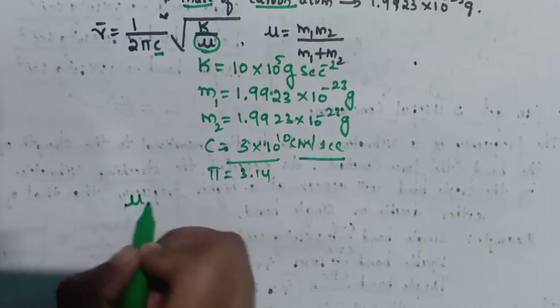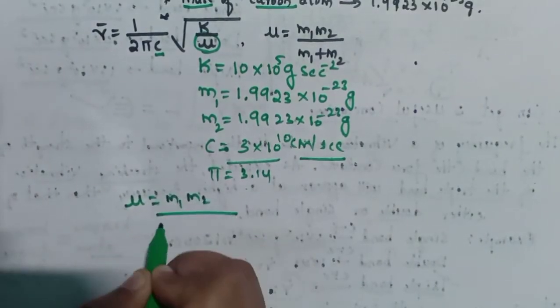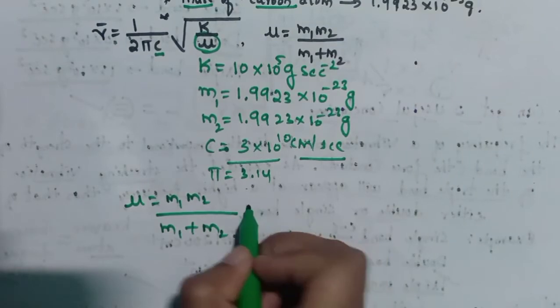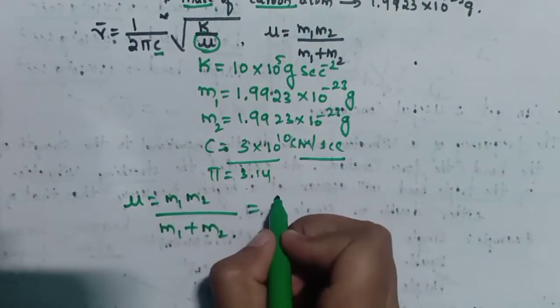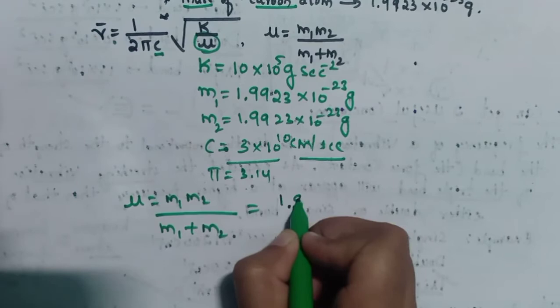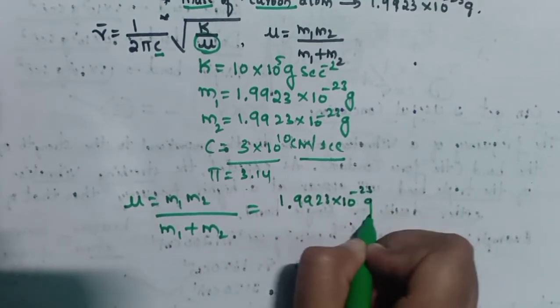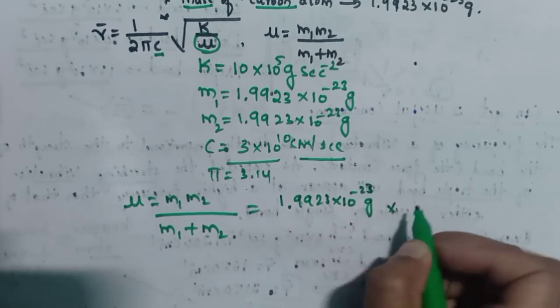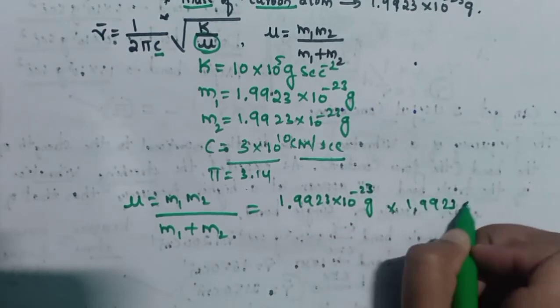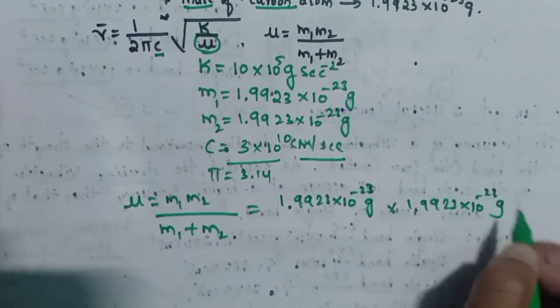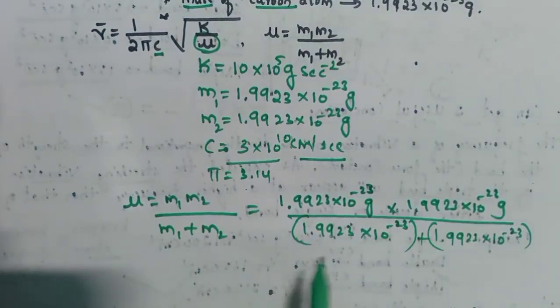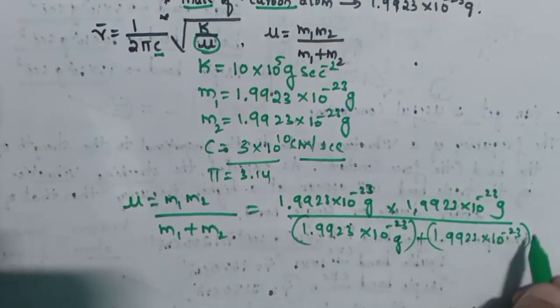Mu is equal to M1M2 divided by M1 plus M2. Here M1 is 1.9923 × 10⁻²³ grams, and M2 is also 1.9923 × 10⁻²³ grams. And M1 plus M2 is 1.9923 × 10⁻²³ plus 1.9923 × 10⁻²³ grams.